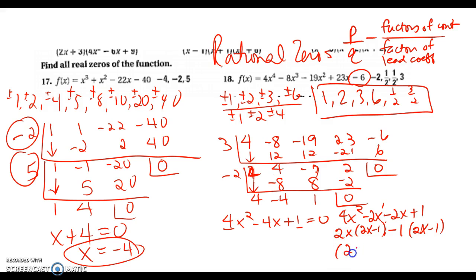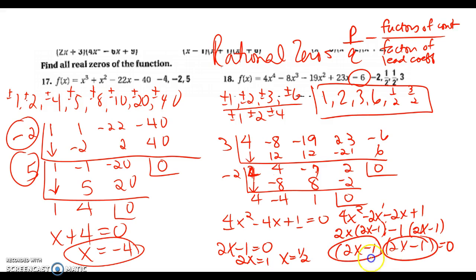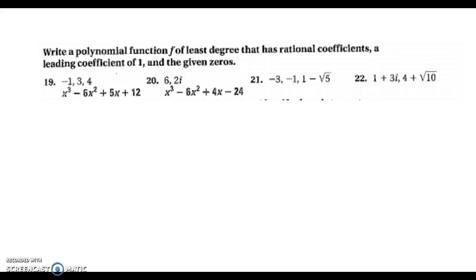So basically I have 2x minus 1 times 2x minus 1 equal to 0. So 2x minus 1 equals 0, 2x equals 1, x equals 1/2. And I have 2 of them, right? So I just found my answers to be 3, -2, 1/2, and 1/2. It's a process we follow that gets us there.